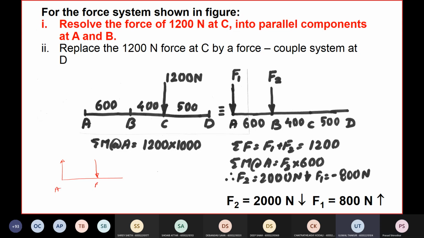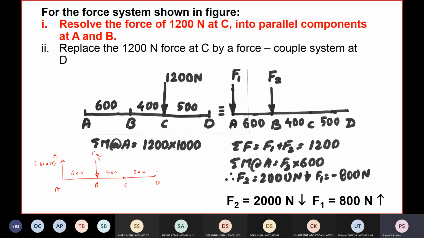So, sir, this means if we have to resolve into parallel components, we take such force pairs whose moment is equal. The moment should be equal and the direction should be parallel to the original. F1 doesn't have a negative written. Pardon? F1 doesn't have a negative written. Negative 800. Okay, I told the direction. I have changed the direction, no? So I don't write it negative.